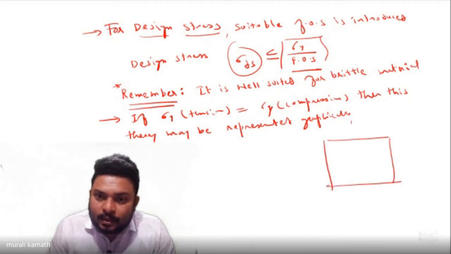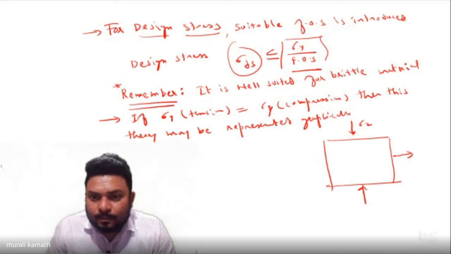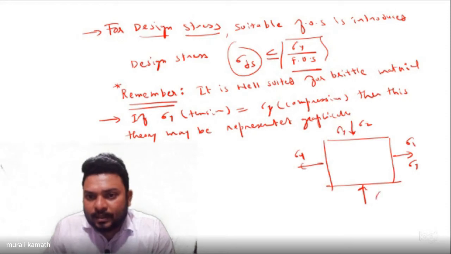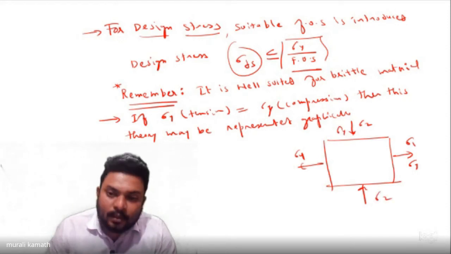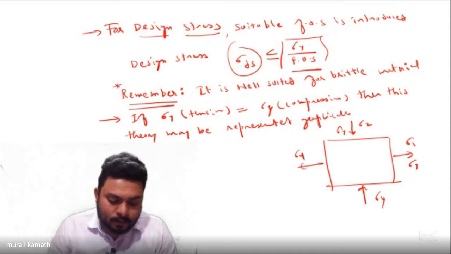Okay, this is your sigma 2, this is your sigma 1. So that is your yield stress. Now sigma y I can write here for sigma 1, sigma y, here sigma y for sigma 2, right?